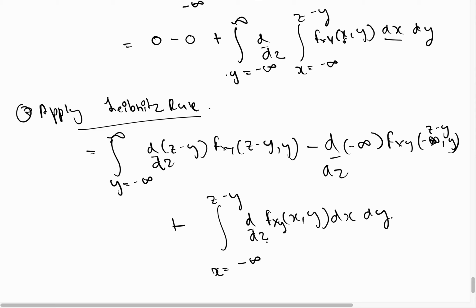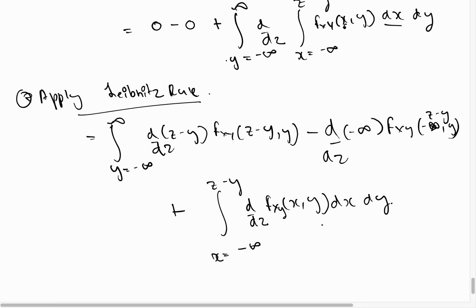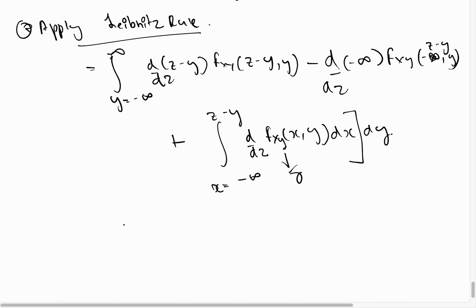You can see that this last term is independent of z. So what is going to happen to this term? Remember, this dy is going to be outside. This is nothing but 0. What we are left with: the differentiation of z is 1 and of y is 0.